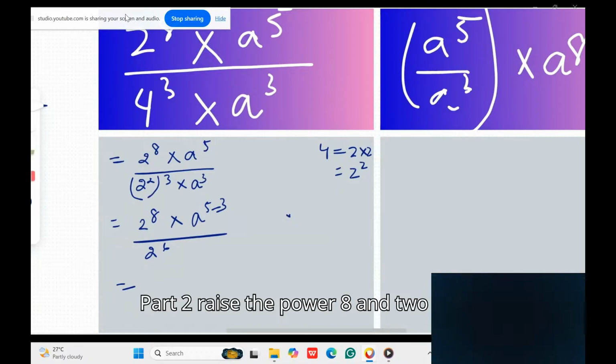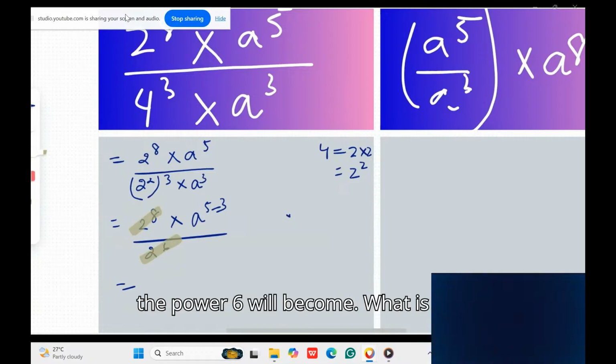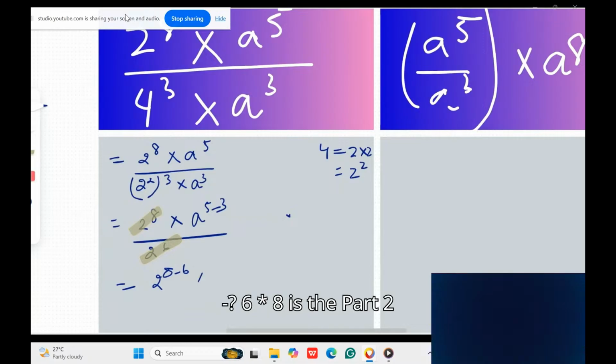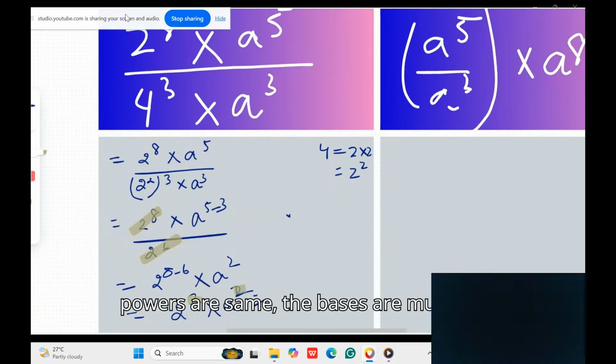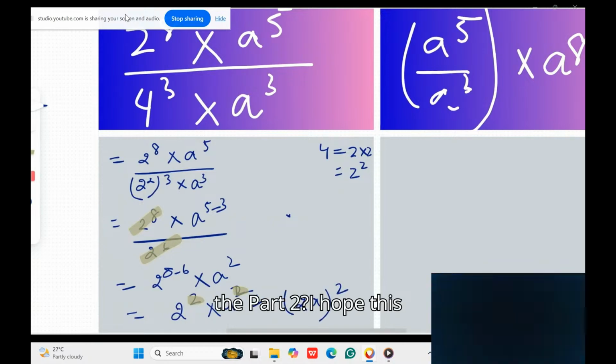Now let's solve this part. 2 raised to the power 8 and 2 raised to the power 6 will become 2 raised to the power 8 minus 6 times a raised to the power 2. And this will be 2 raised to the power 2 into a raised to the power 2. Now do you remember the rule where if the powers are same, the bases are multiplied? So we can write it as 2a raised to the power 2. I hope this makes sense.